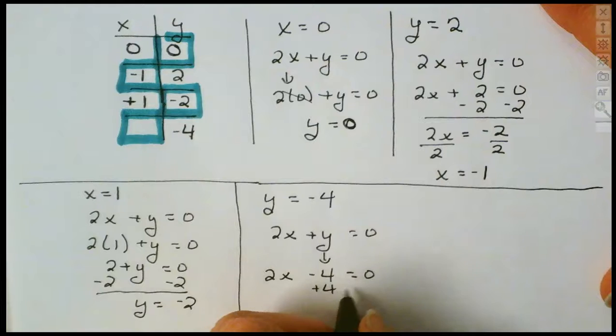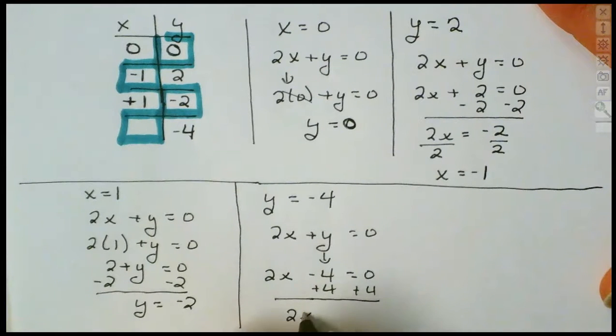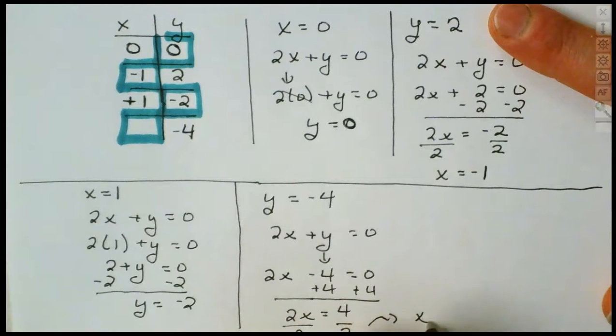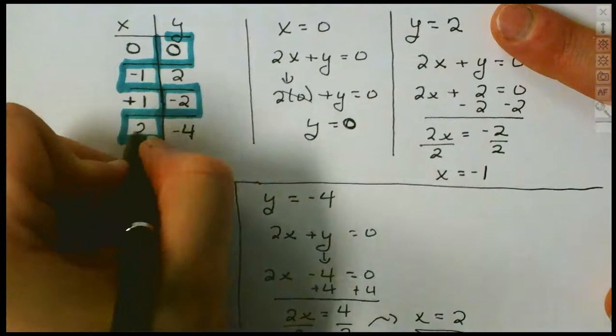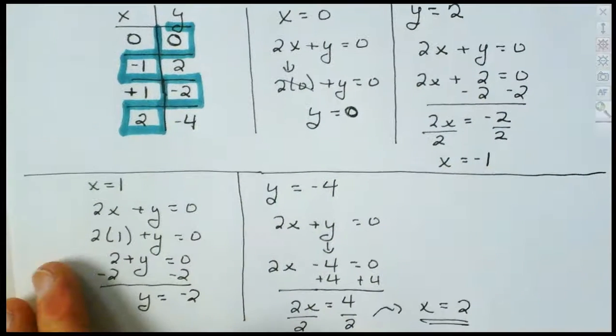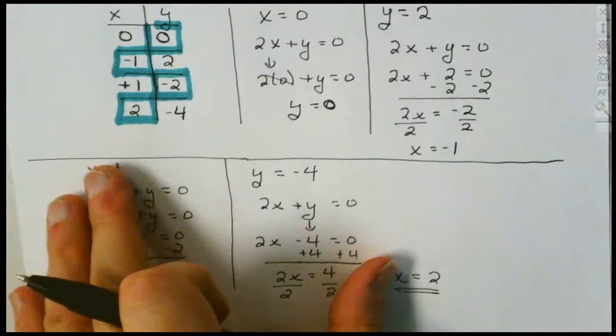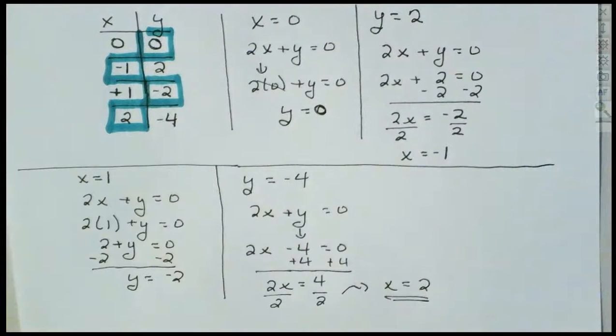So add your 4. And we now have 2x equals 4. Divide by your 2. And what do we now get? We now get x equals 2. So is everyone okay with how we filled out that table?